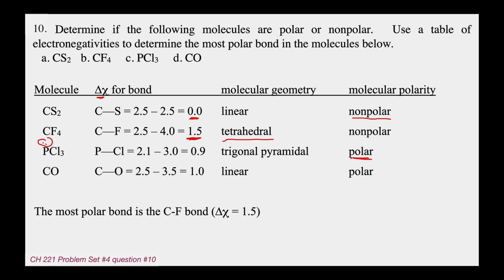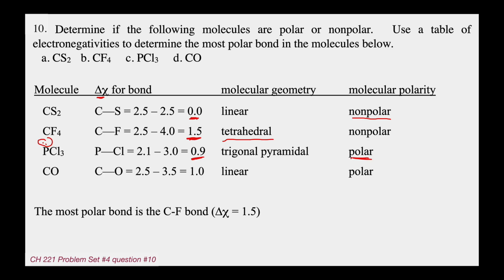So on carbon with 4 fluorines, that's all the same. Carbon with 2 sulfurs, everything the same. The lone pair is enough to make the symmetry of the molecule break up, and that's going to automatically make it a polar molecule. It's a pretty polar bond. Difference between phosphorus and chlorine is respectable 0.9, so it's polar, although not as polar as the CF bond.